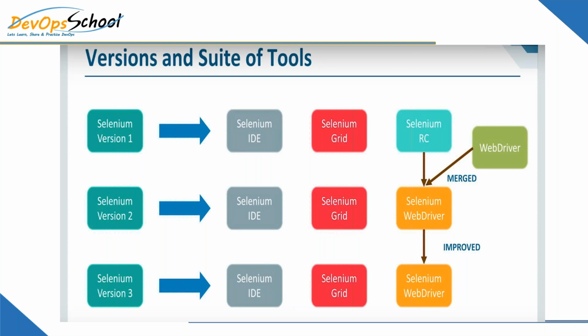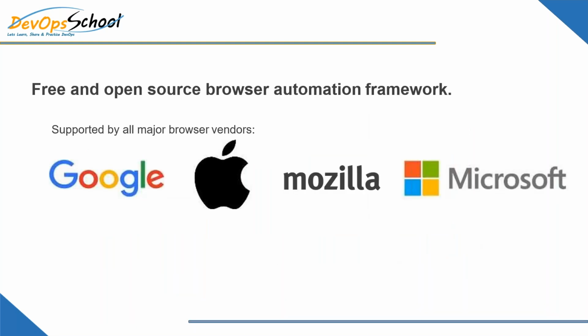And in Selenium version 3, the latest one, you have IDE, Grid, and WebDriver. Questions you may have: what is IDE, what is Grid, and what is WebDriver, which we will cover anyway in some time. So this is the version and suite of tools that you have.